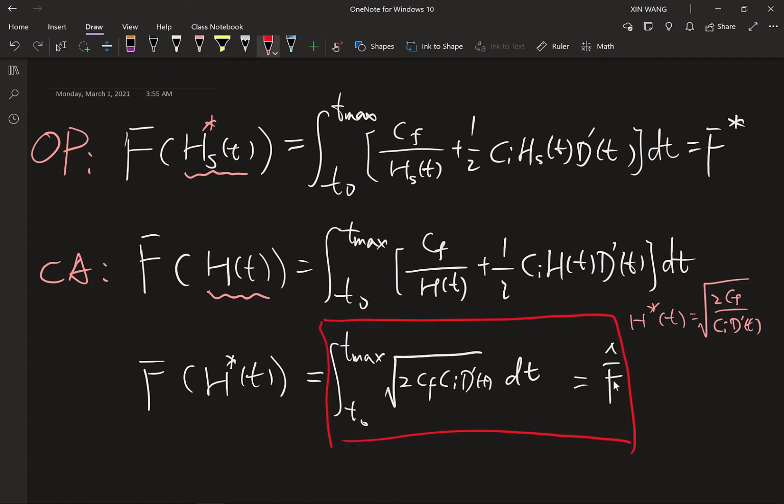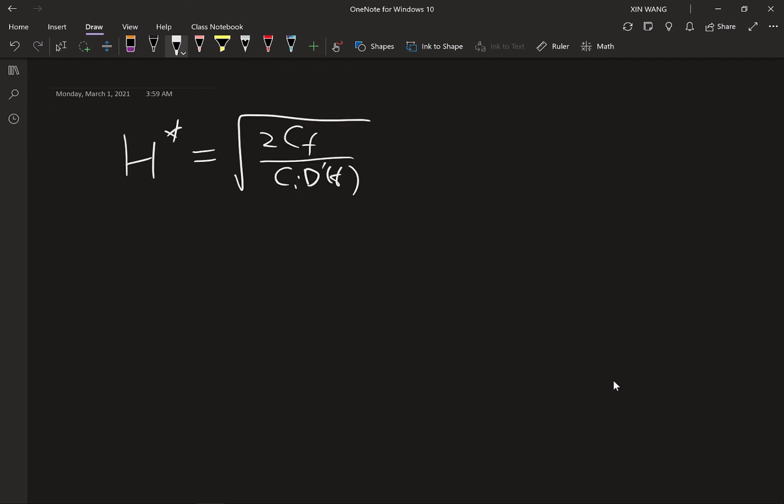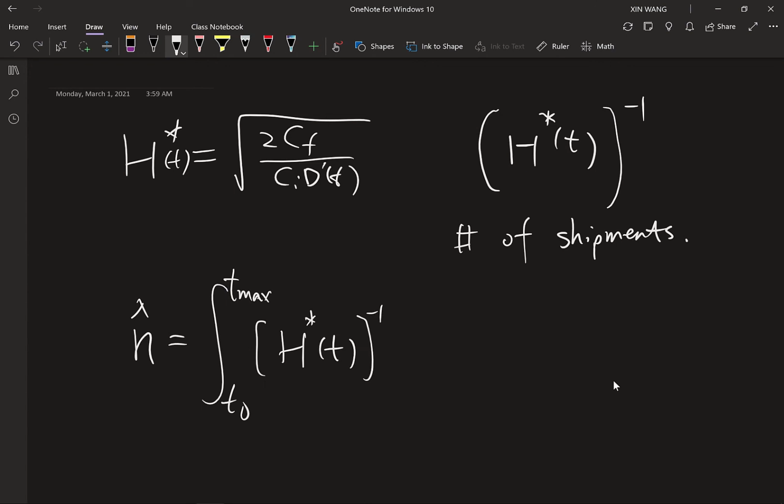The physical meaning of this integrand is the estimated total cost per time. Also remember, we can estimate the optimum headway, and the inverse of the headway is the shipment frequency. So we can estimate the number of shipments from T0 to Tmax just by the inverse of h(t) in this specific case.